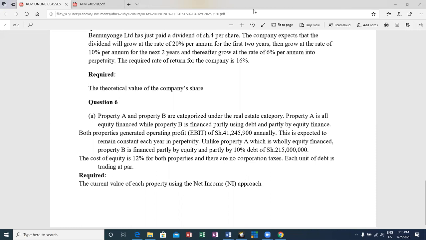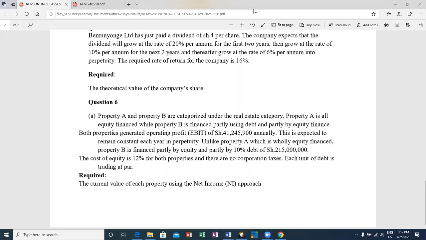So could we kindly go to property B? Let's go to property B. Property B, what do we have? Property B, I want you guys to help me get, first of all, value of equity.